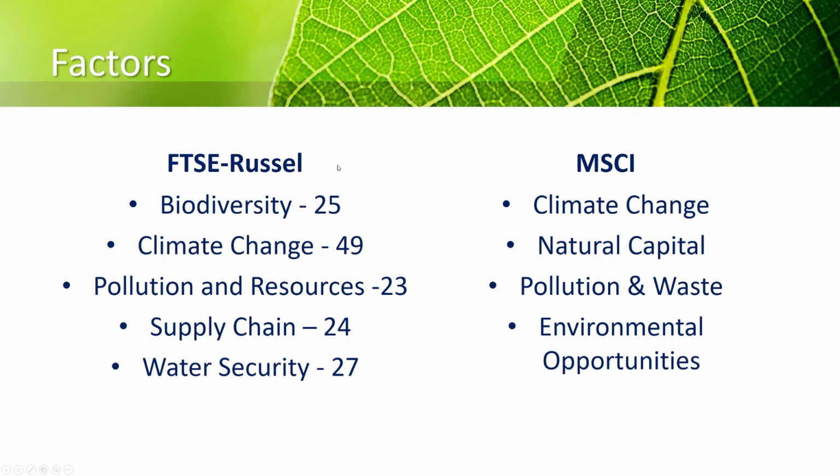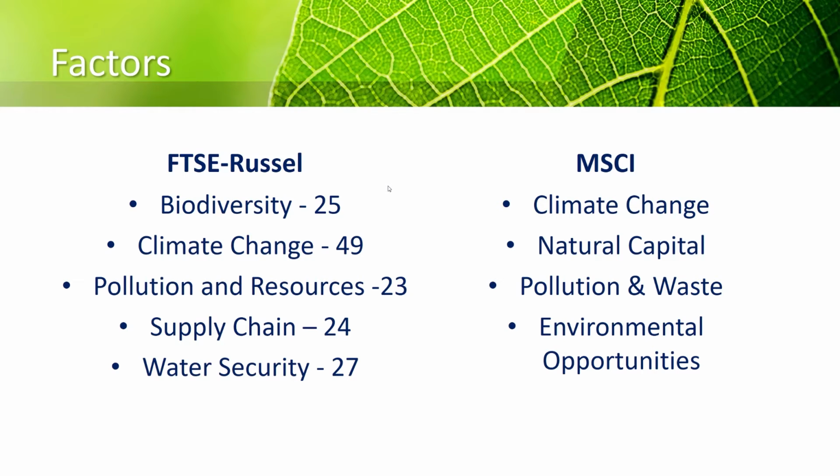For example, FTSE Russell doesn't go into any great detail about what is included in E. They just say they measure biodiversity, using 25 different items. They measure climate change using 49 different items. Pollution and resources using 23 items.